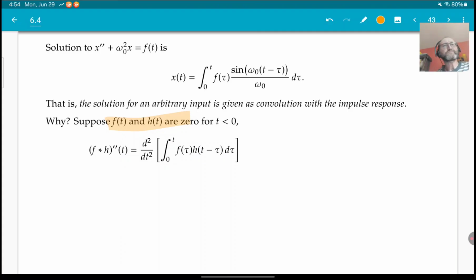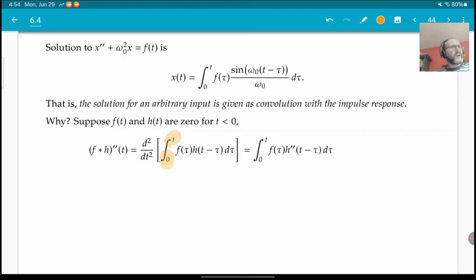I look at their convolution and try to differentiate twice. I'm differentiating this formula. You can think of this 0 to t as really minus infinity to infinity, but the integral only falls on that, and that's the convolution we have with Laplace transform.